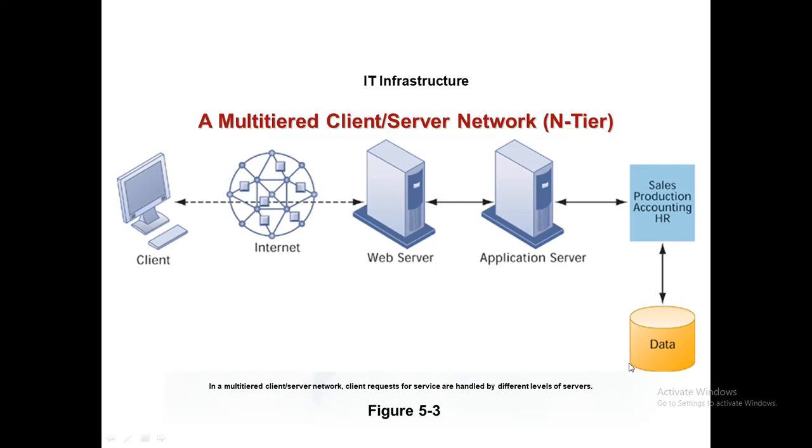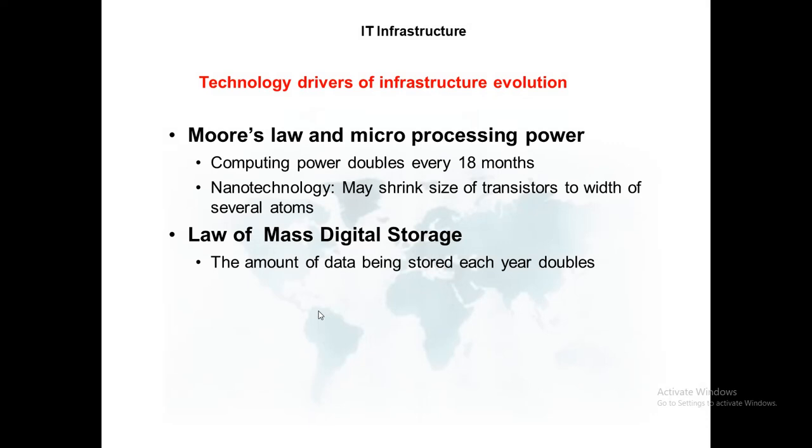So here the client will be making requests for services, and these requests are handled by different levels of servers. So that is all about the evolution of IT infrastructure.